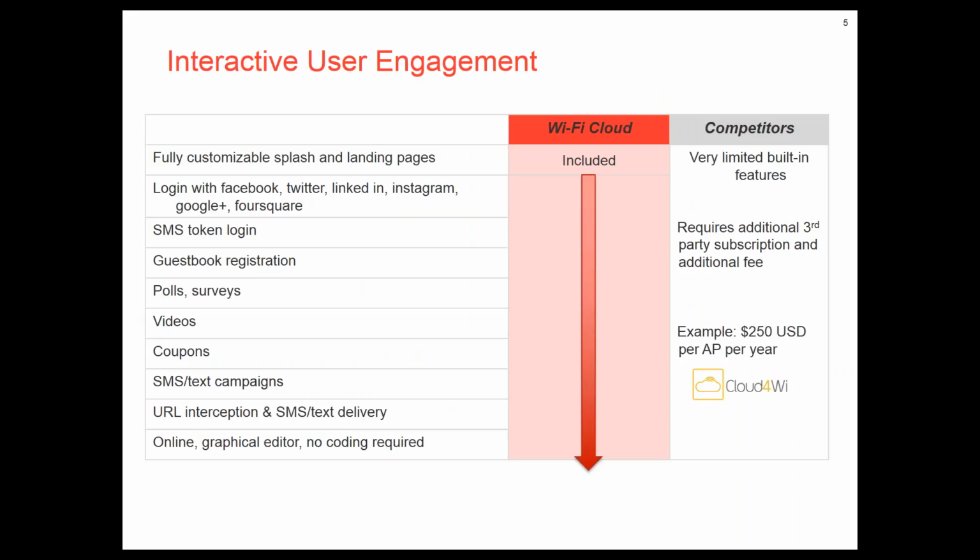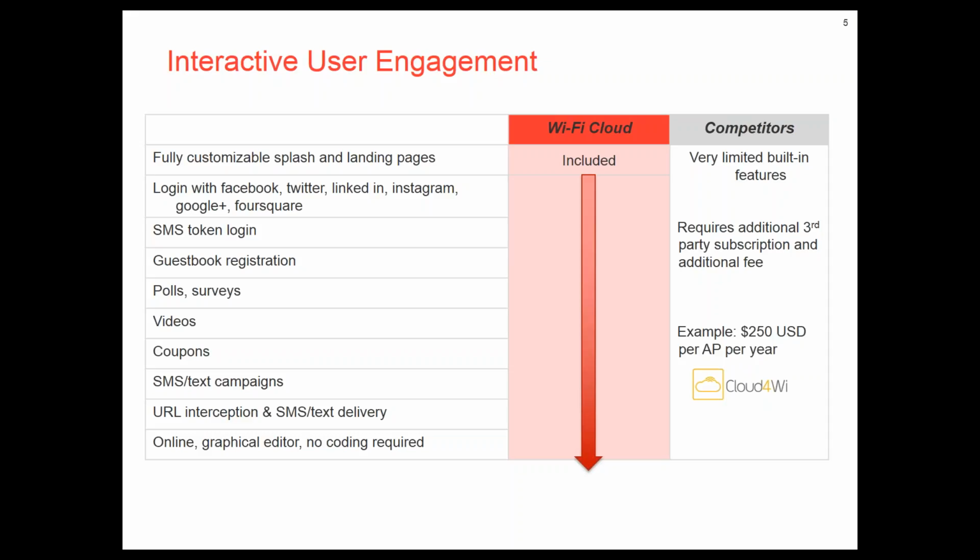So we're going to be looking at some interactive user engagement. So this is built in to our cloud Wi-Fi offering. So we're able to offer customizable splash pages, social media integrations, polls, surveys, videos, all these different ways to engage your users, all included in your cloud Wi-Fi subscription.